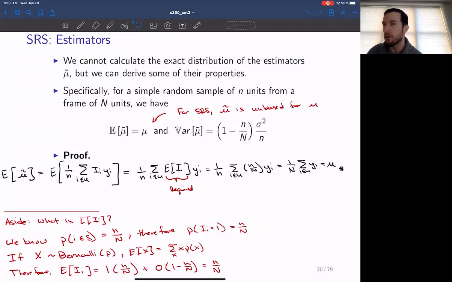So we required the expected value of I subscript i, which we can show is a Bernoulli, as it is either 1 or 0. From that, we were able to derive that the expected value of I subscript i is little n over N. Once we had that worked out, the rest of the proof is pretty straightforward.